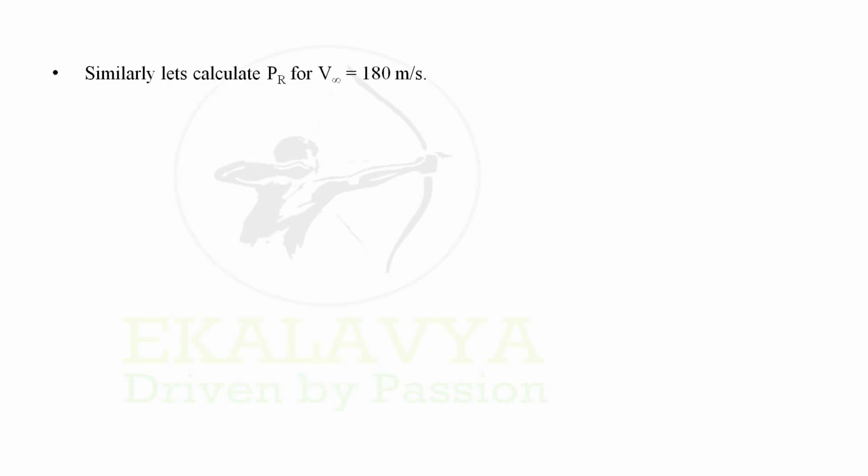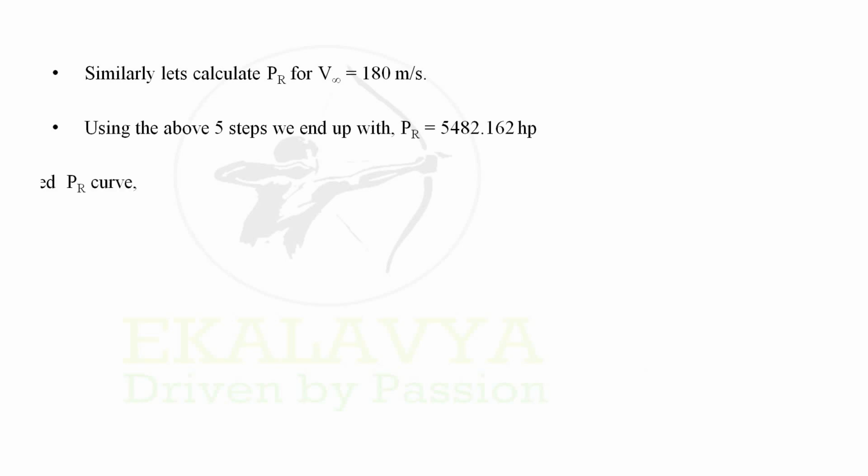Similarly, let's calculate power required PR for velocity 180 meter per second. Using the above 5 steps, we end up with power required equal to 5482.162 horsepower. The figure shows estimated PR curve.